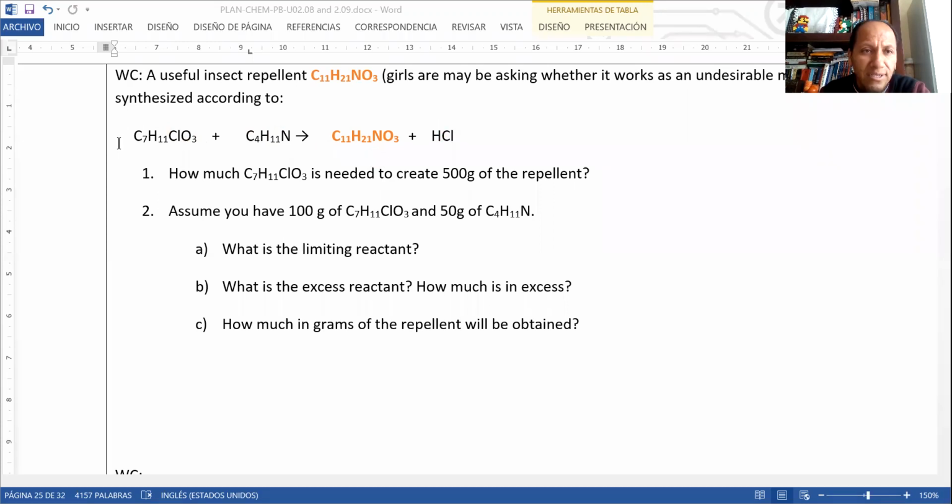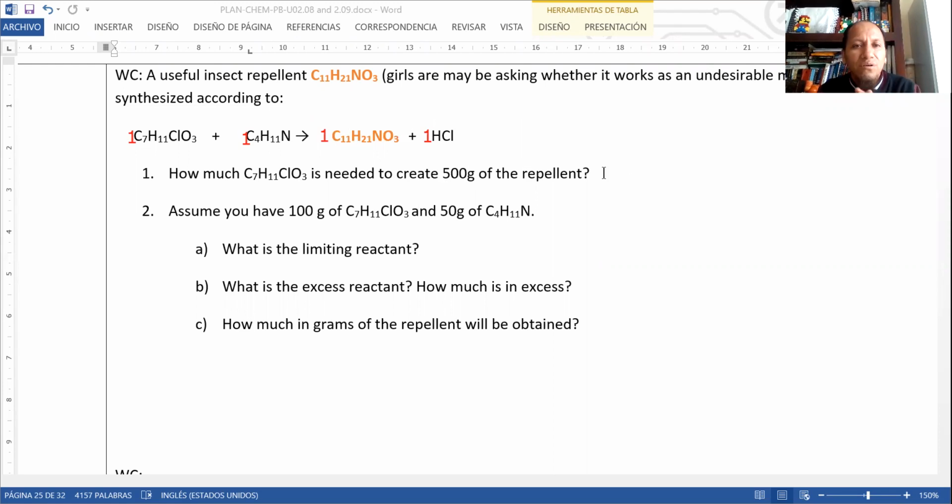I am going to type the numbers there, you're not supposed to, but I'm putting them there for you to remember that the relationships are 1 to 1. So 1 mole to 1 mole to 1 mole to 1 mole.